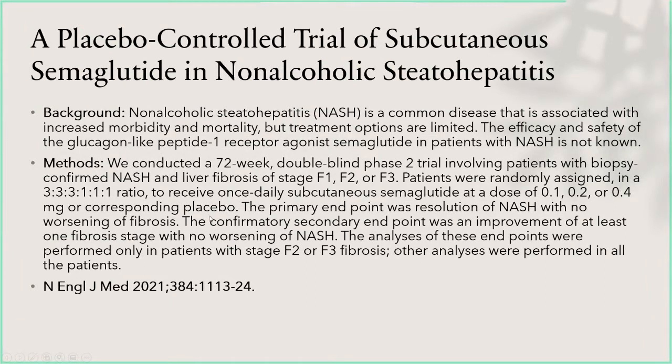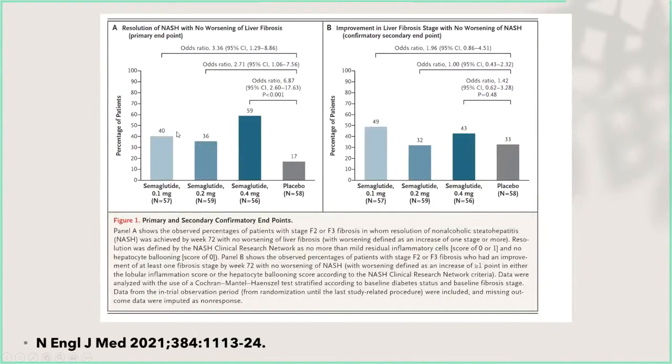So the primary endpoint was the resolution of NASH without worsening of fibrosis. The secondary endpoint was improvement in at least one fibrosis stage with no worsening of NASH. What you see here, again, with these different doses, is the resolution of NASH with no worsening of liver fibrosis, and you can see that there is a significant improvement.